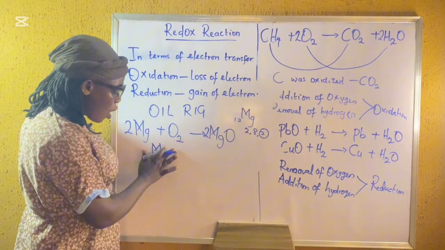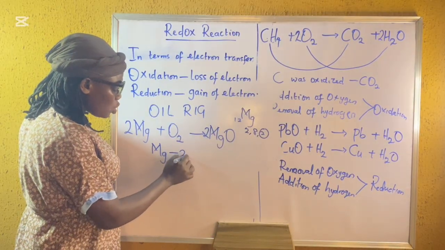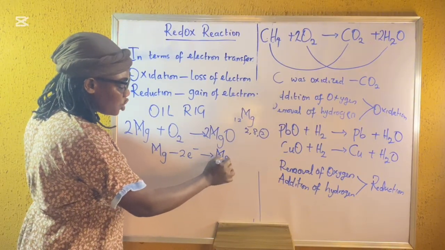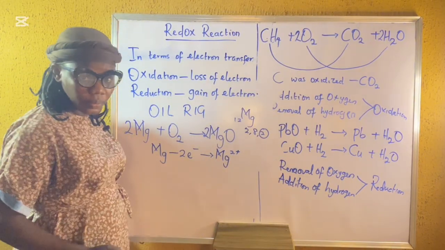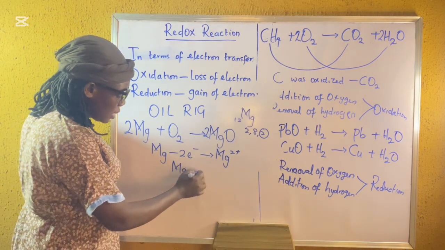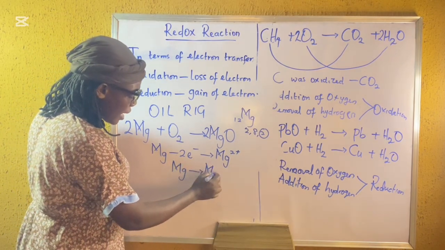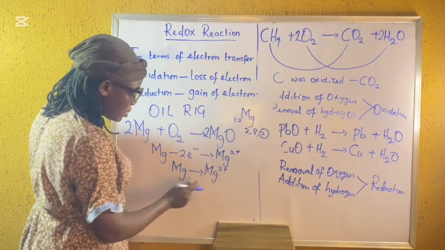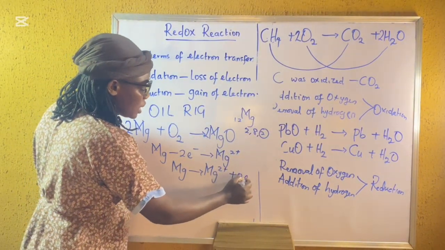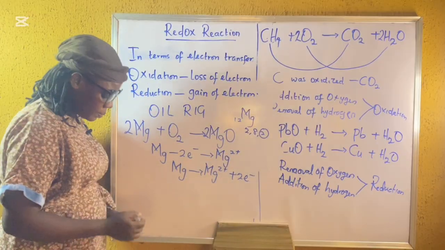So magnesium will lose 2 electrons and become Mg2+. Okay, so I have Mg to give Mg2+. You bring this to the other side, plus 2e-.